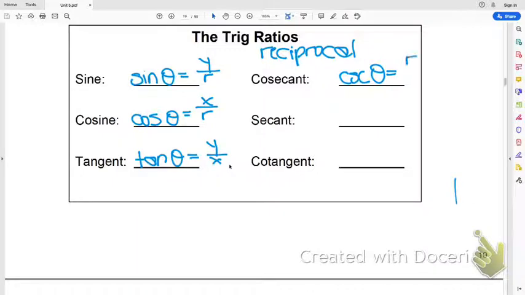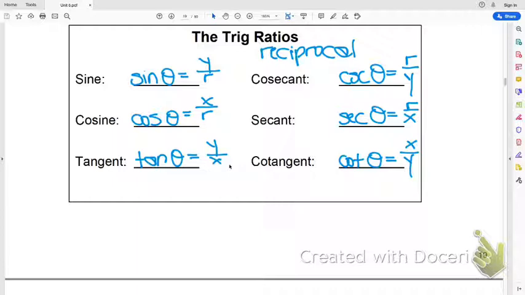R over y. Secant is the reciprocal of cosine, which means it's what? R over x. And cotangent, or COT, is the reciprocal of tangent. X over y.